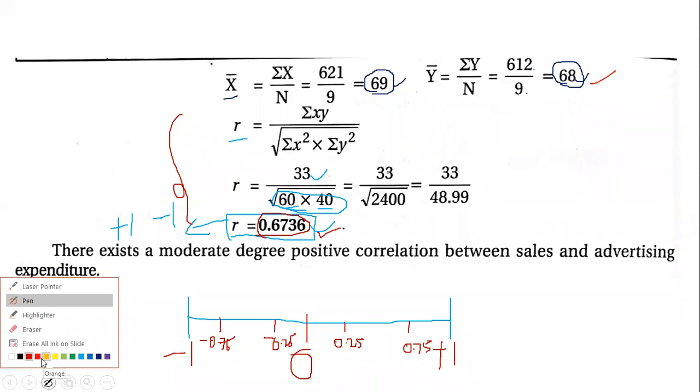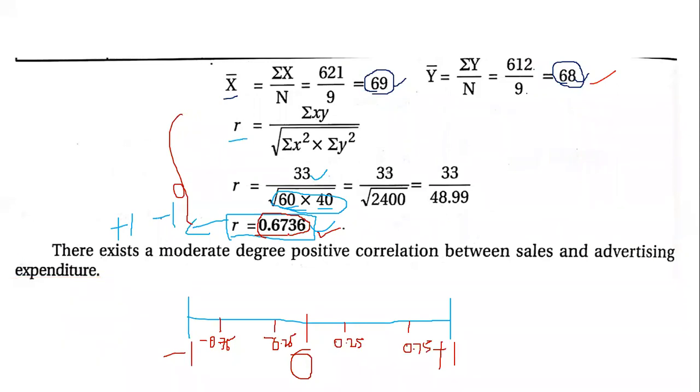Now, let us plot this 0.6736. Now this is more than 0.25, right? It is more than 0.25, but it is less than 0.75. So which means you can say this 0.6736 lies between 0.25 and 0.75.